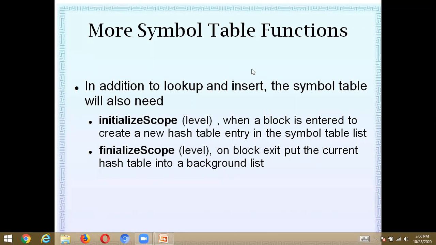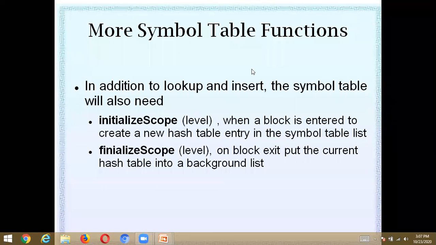What does scope mean? The symbol table stores information about the scope and binding information about the names. What we are storing in the symbol table is information about the names.